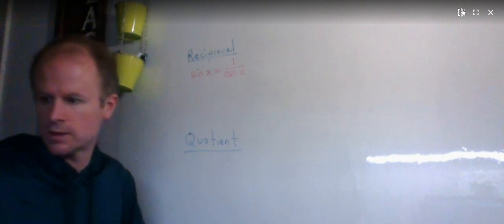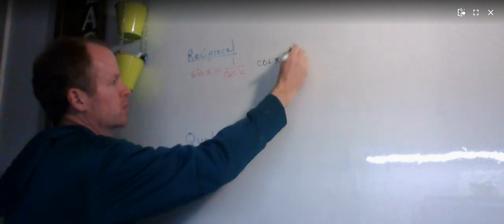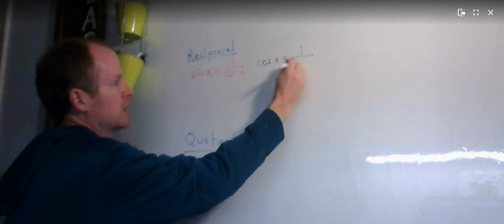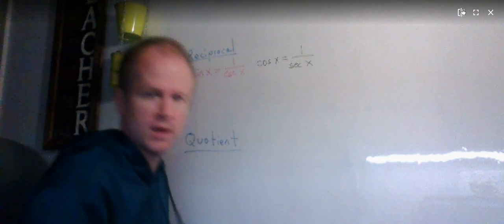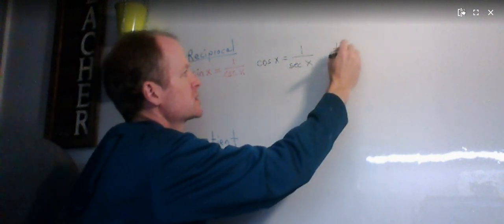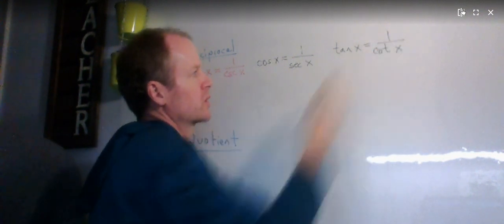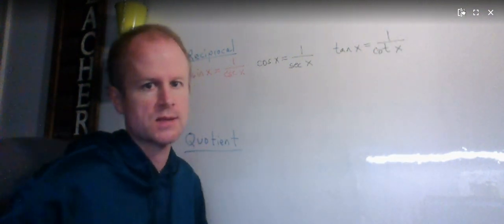That's the first one. Another one, if we think about cosine of x, we know that that's the reciprocal of secant of x. And then this last one is, if I have tan of x, that's the reciprocal of cotan of x. So 1 over cotan of x is the same as tan of x.